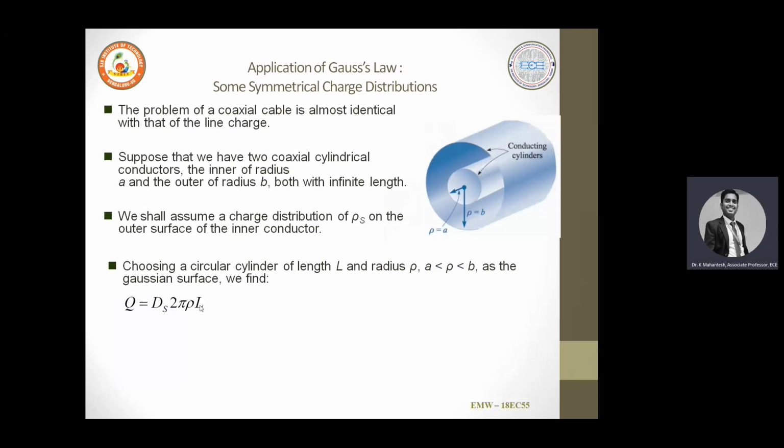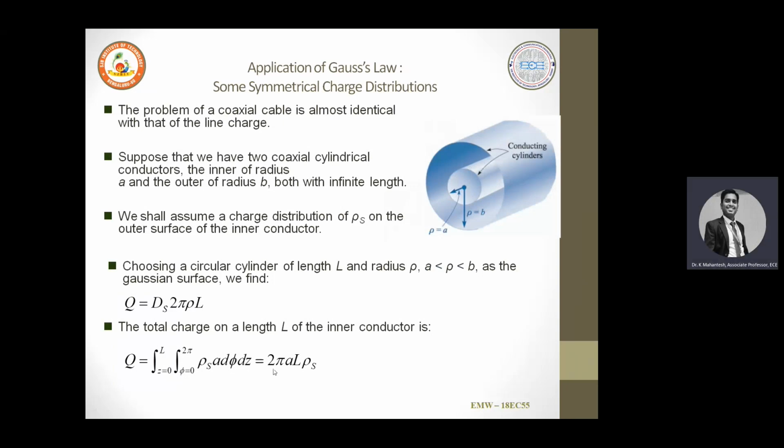Therefore, Q is equal to D 2 pi rho L. The total charge on the length L of the inner conductor is Q equal to the integral from 0 to L and 0 to 2 pi of rho s a d phi dz, which is equal to 2 pi a L rho s. Therefore, D is equal to a rho s by rho.